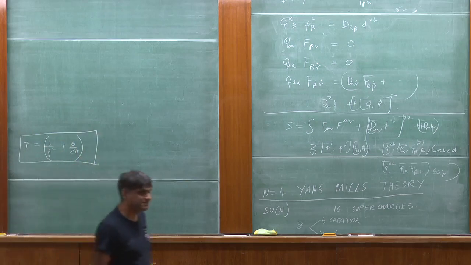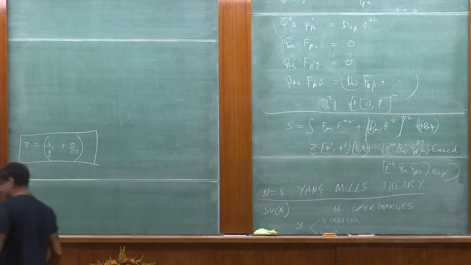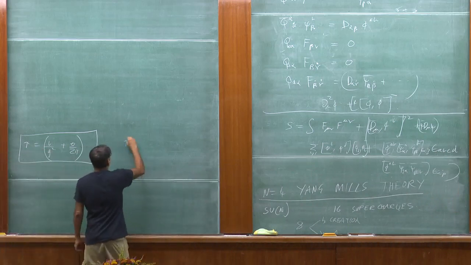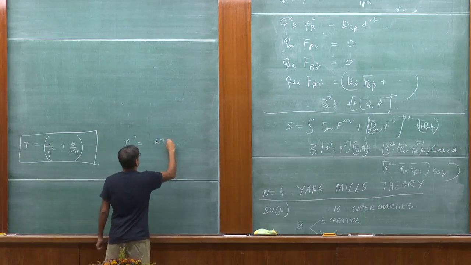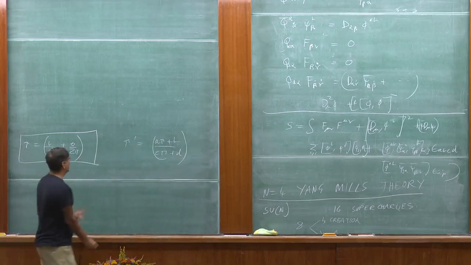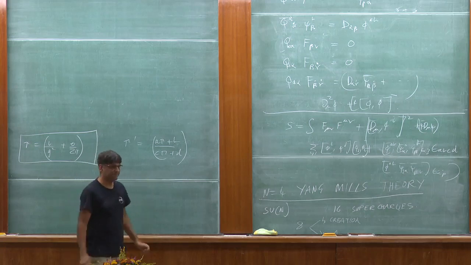Okay, the claim: this theory enjoys invariance under S duality, which is that the theory at tau and the theory at tau prime equal to (A tau plus B) over (C tau plus D) give the same physics.